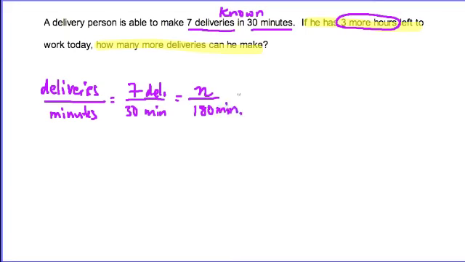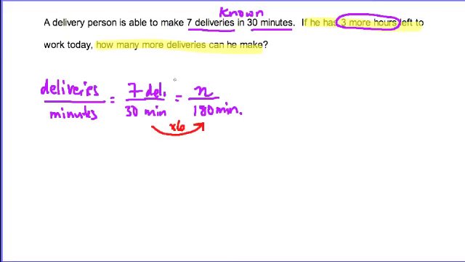And so now I'm going to go back to using my proportion solving techniques, and I'm going to look for some of my obvious patterns. First of all, I can see that I don't have anything common within a ratio, but I do notice that 30 and 180 go together pretty nicely, and 30 times 6 is 180.